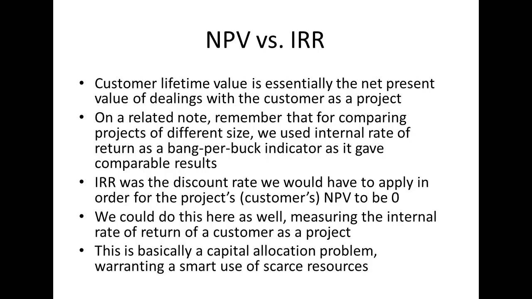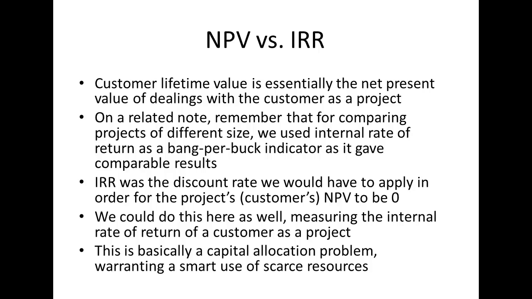Let us at once make a bit more advanced note here. We're using customer lifetime value, which is essentially the net present value of dealings with the customer as a project. So we consider a customer as if it was a project, we calculate its net present value, and we see what comes out.